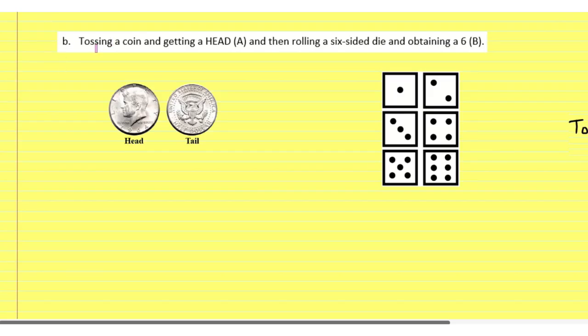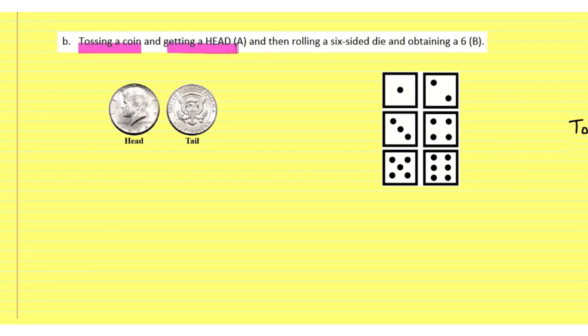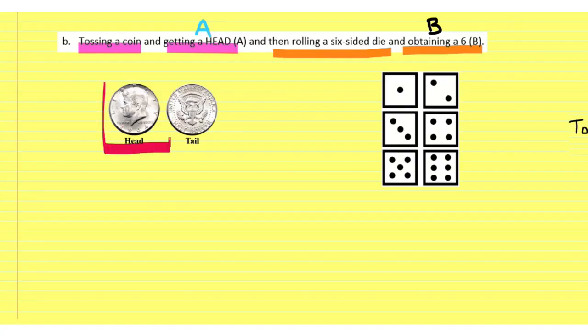Our next example says that we are going to toss a coin and we're going to get a head. And then it also says that we are going to roll a six-sided die and obtain a 6. So tossing the coin and getting a head is considered event A, and rolling a six-sided die and getting a 6 is going to be event B. Okay, so I toss the coin and I get a head.